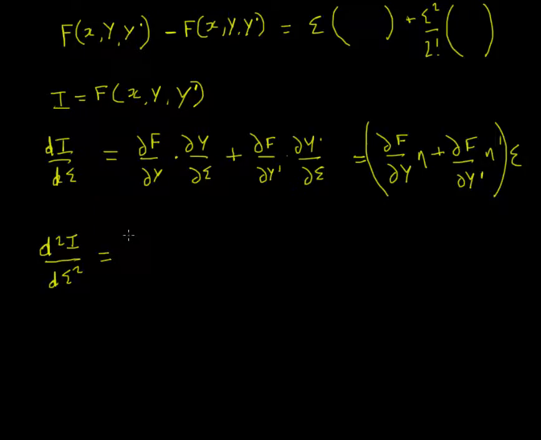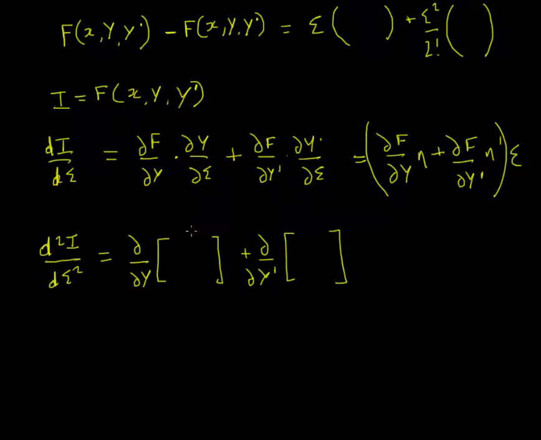We would have to find the derivative with respect to y of something plus the derivative with respect to y derivative of something. Okay, now the somethings here is this equation there. So we're just differentiating that once to get that, and then differentiating it again.